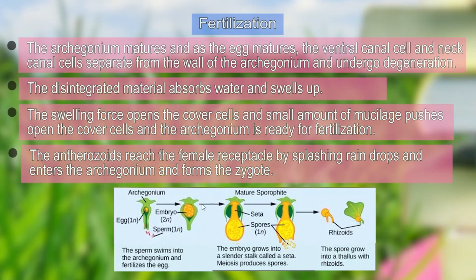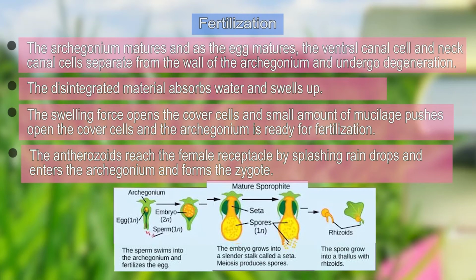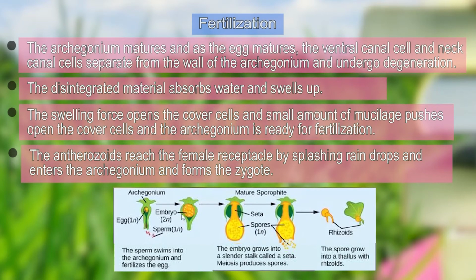The embryo is now 2N. From the embryo, the sporophytic phase of Marchantia initiates. The sporophytic structure is diploid in nature, whereas the gametophyte is haploid in nature.